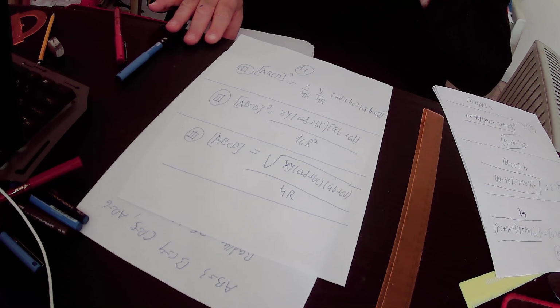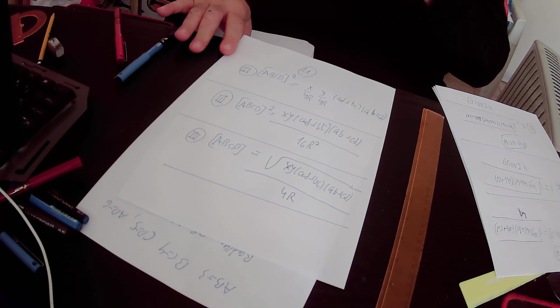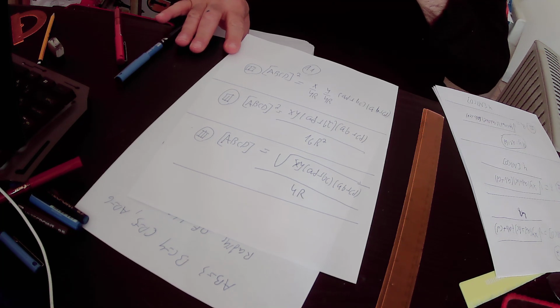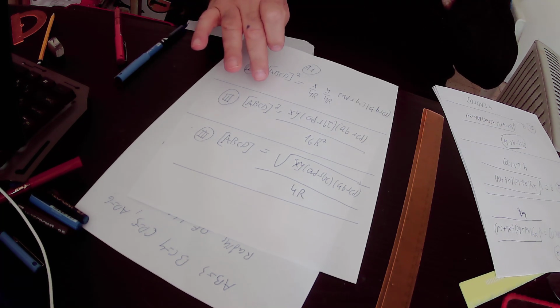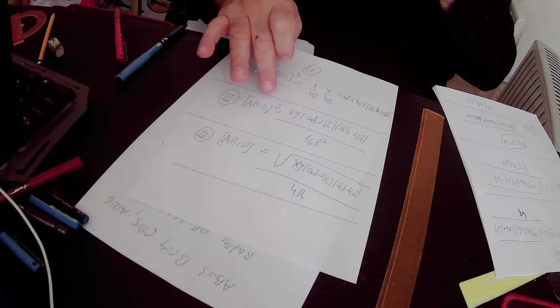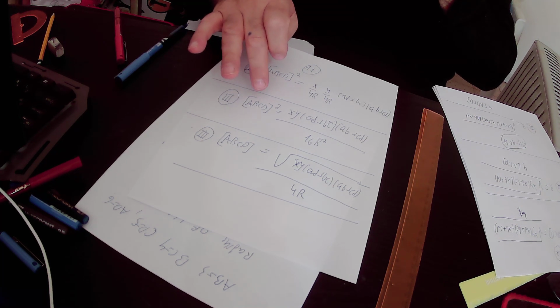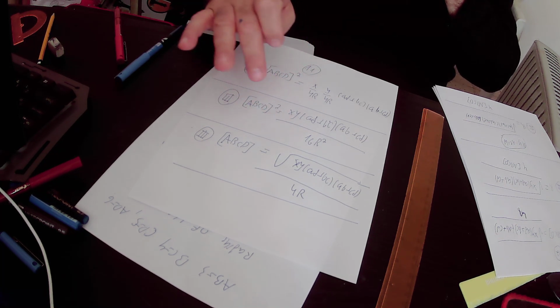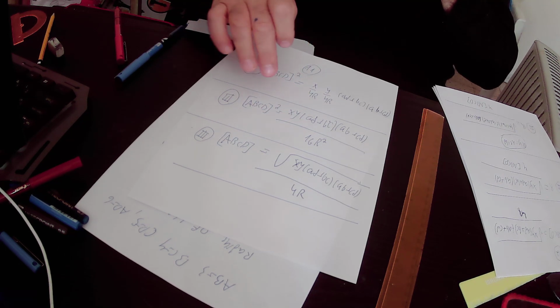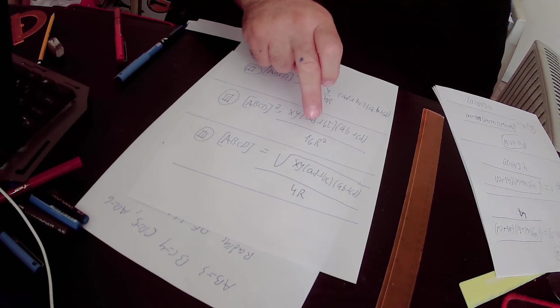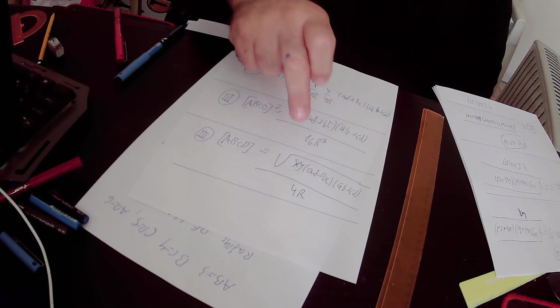and then we took a root of this equation number 3. We got this expression. The root of 16r squared is 4r.